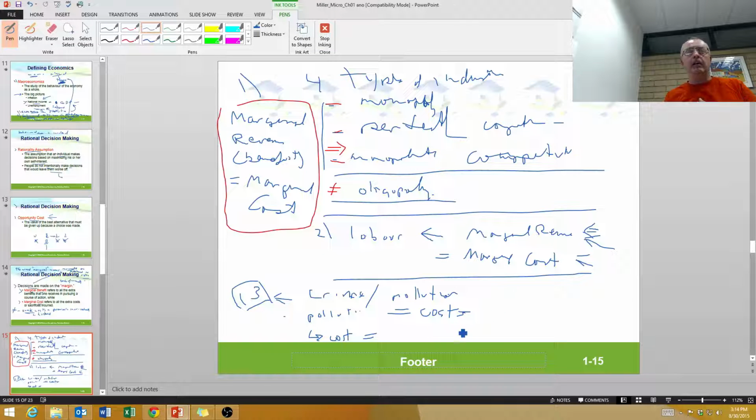And so the pollution abatement equipment has costs associated with it, and the reduction in the pollution has benefits associated with it.